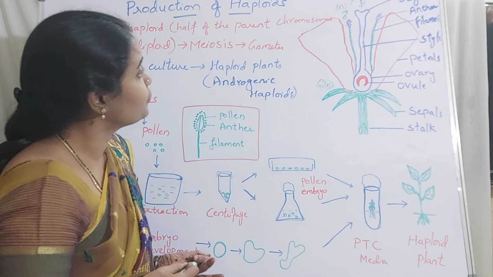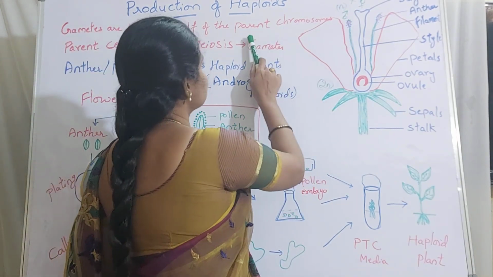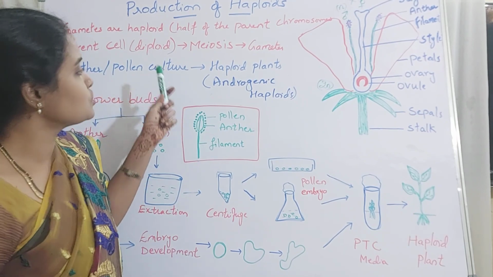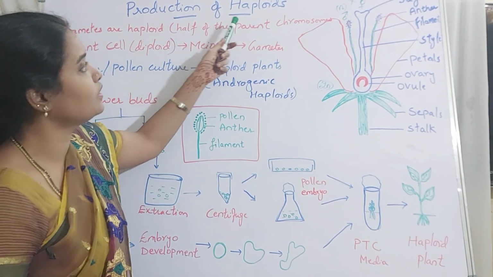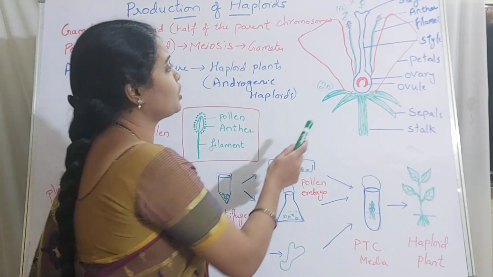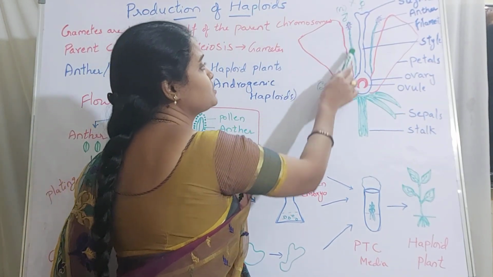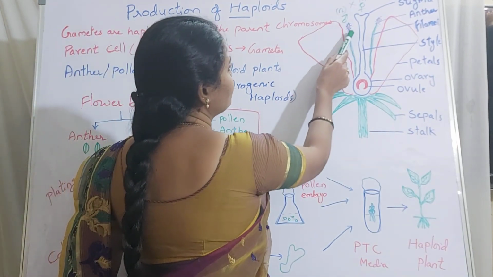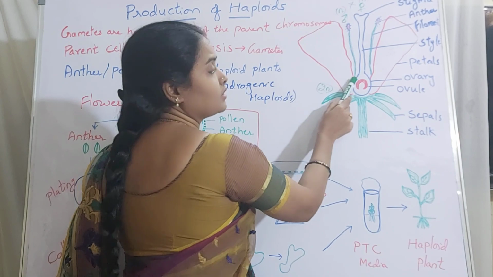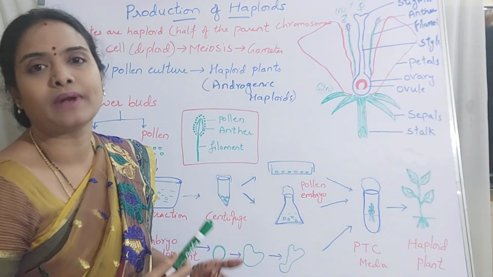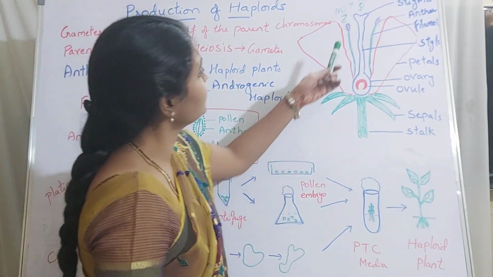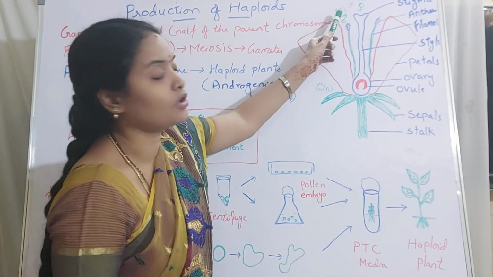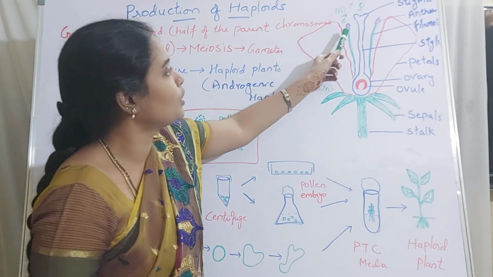But in this case I am talking about only the anther and the pollen grains, right? So here we are going to produce only the androgenic haploid. Today we will discuss the haploid plants which are produced from the male gamete. Now I am going to take only the androecium and produce the plantlets. If I take only the androecium, this is a gamete which consists of only n chromosomes, that is, the haploid number of chromosomes.